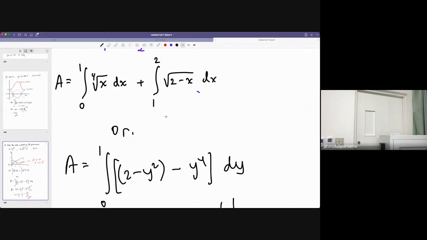Any idea? Actually, we will learn this type of question in chapter 7, but I will briefly tell you what this is about. Any idea? No?